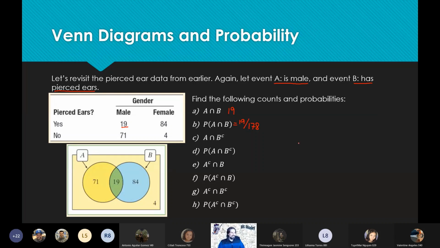And again, we see right here on the two-way table that intersection of male and yes. And in the Venn diagram, it's this green middle part here. These are the 19 outcomes that are shared between event A and event B.